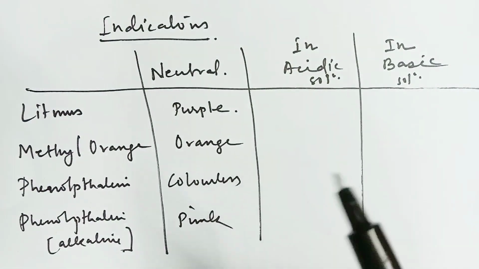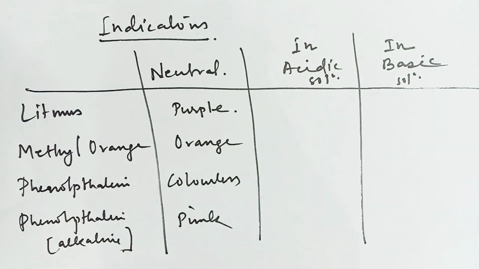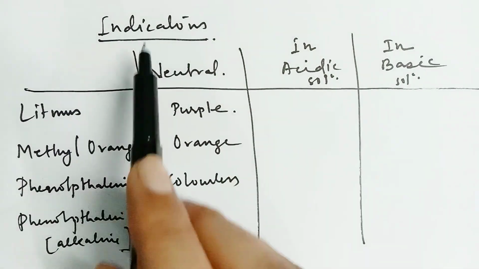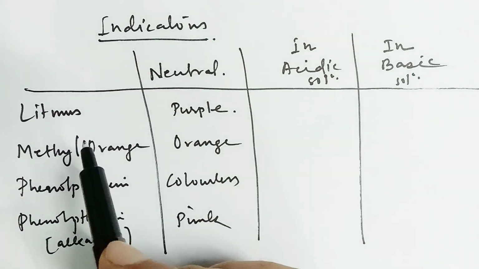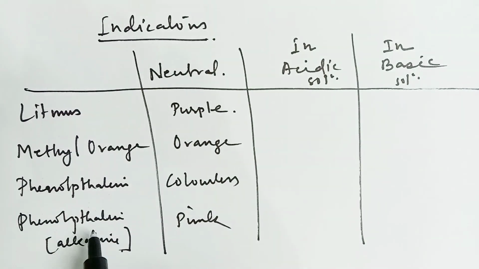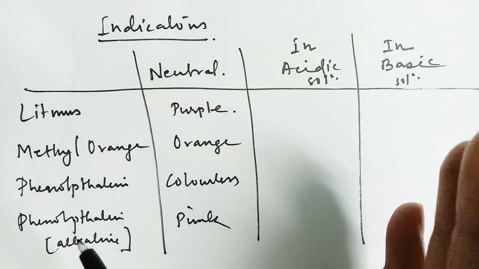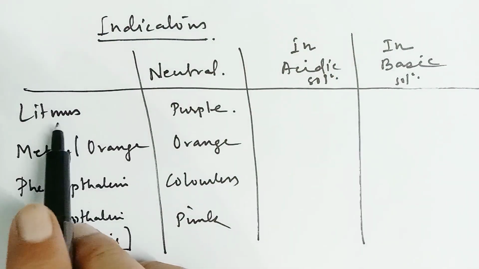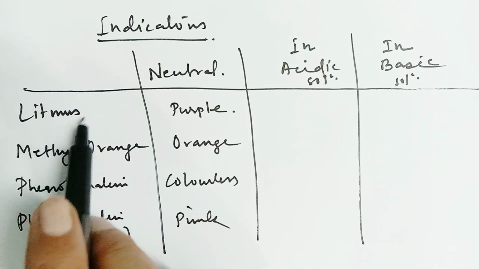Indicators are substances which change color in different types of solutions. So these are indicators which change colors in acid and basic solutions. They can be used to distinguish whether it is an acid or a base. The common natural indicator is litmus.